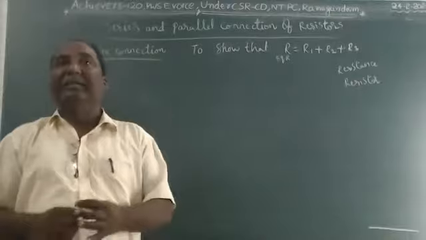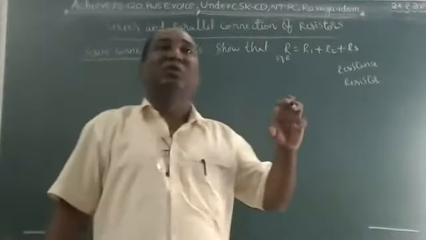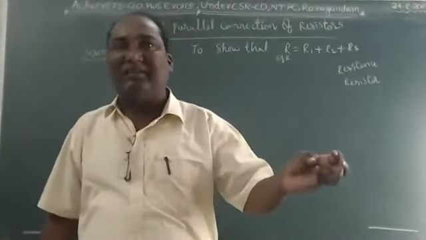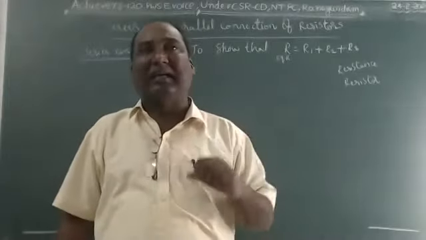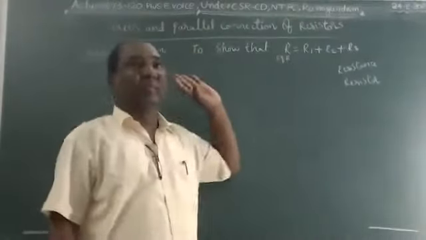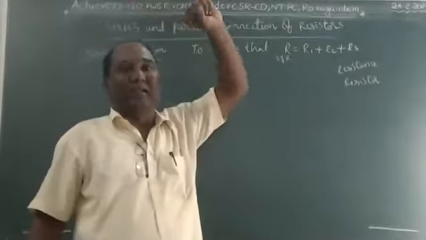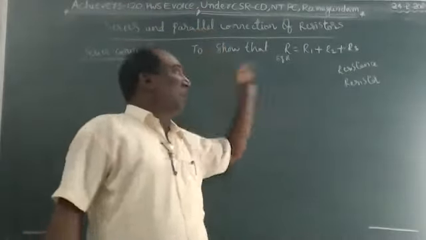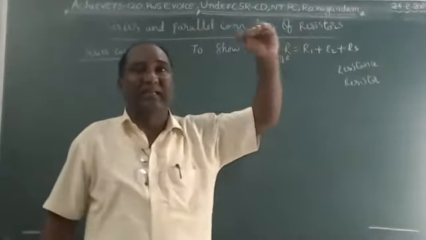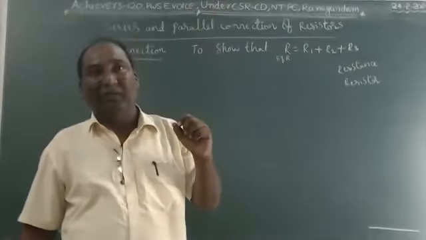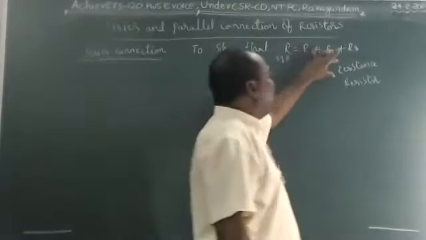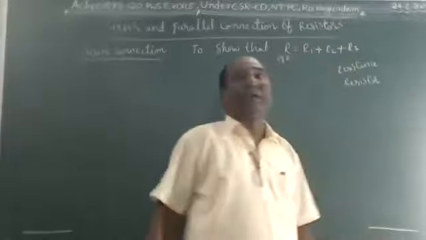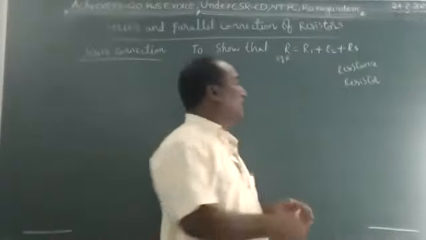Resistance is the obstruction to the flow of electrons in a conductor. It will stop the flow of electrons when they flow in a conductor. That's why resistance means obstruction to the flow of electrons.